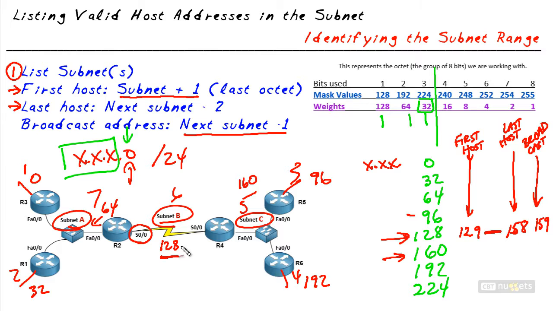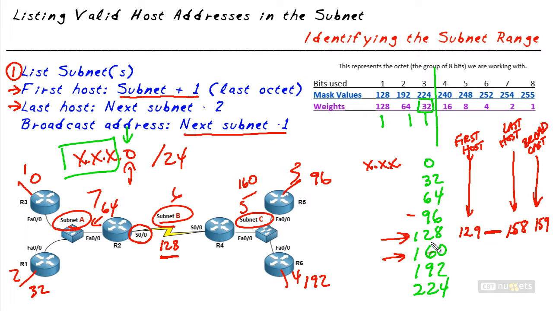So what that means to us, if we want to configure the IP addresses here on subnet B, which is more specifically subnet 128, the valid IP addresses that you and I could choose to use for any device on this network, and I'm laughing because there's only 2 here, but the range of IP addresses could be anywhere between x.x.x.129 through 158.